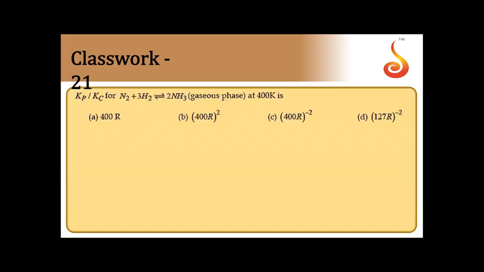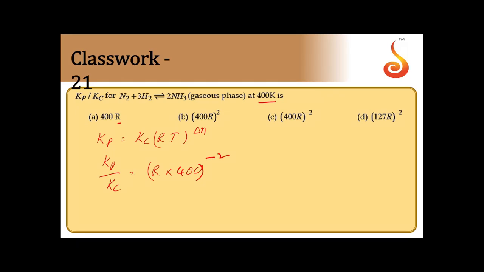Now the formula: Kp is equal to Kc into RT power delta N. Delta N is found to be minus 2. Now Kp by Kc is equal to RT, and in all the options R is taken as R itself. So R into T, with T given as 400, so R into 400 whole to the power of delta N, which is minus 2.